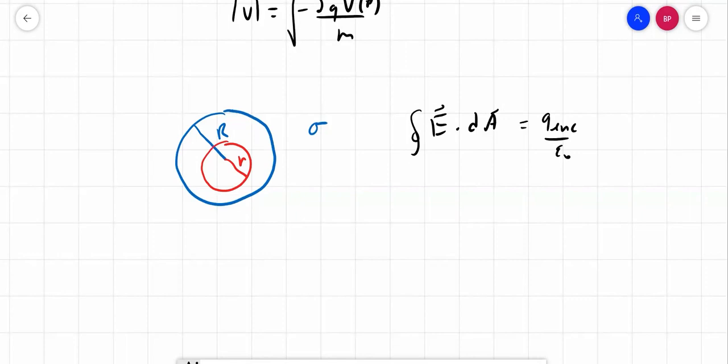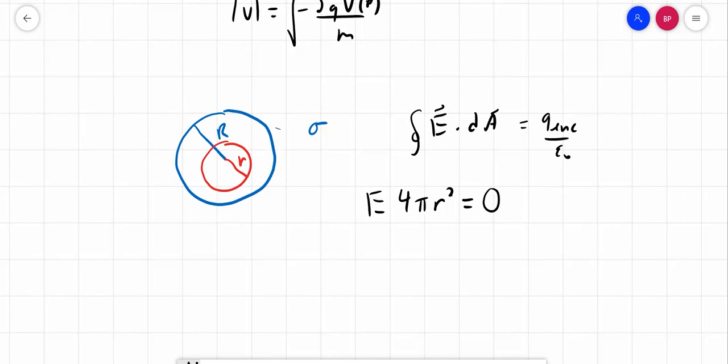Now, because we have spherical symmetry, this is equal to the magnitude of the electric field times the area of our surface here, that's 4 pi r squared. This is equal to the amount of charge enclosed over epsilon naught. The question is, how much charge is inside of my Gaussian surface here? And the answer is none, because all of the charge is on the surface of the sphere, and my surface is inside the sphere. This is equal to 0.